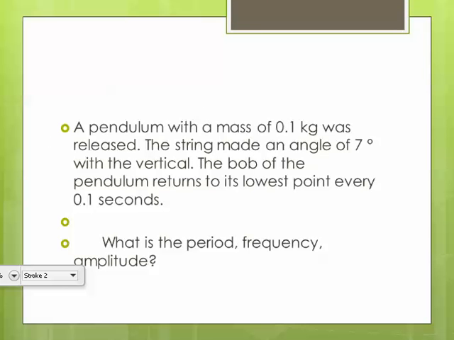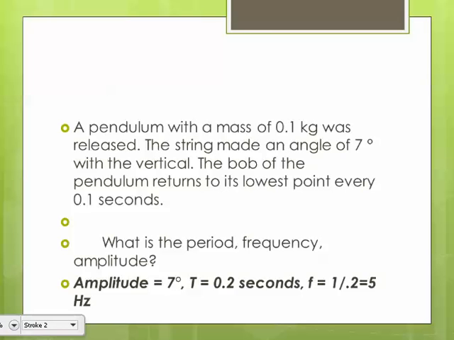So we've got a pendulum with a mass of 1 gram. It was released. The string made an angle of 7 degrees with vertical. The bob of the pendulum returns to its lowest point every 1 second. What is the period, the frequency, and the amplitude? Well, not that difficult again. What we're going to say, the amplitude is 7 degrees. I mean, it's telling you right here, it's going up 7 degrees, right?